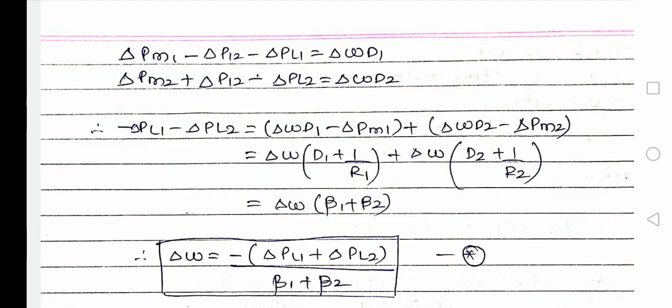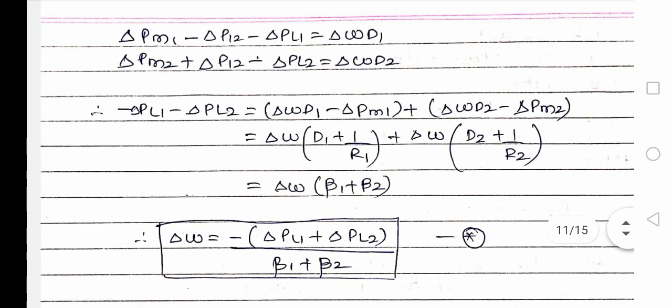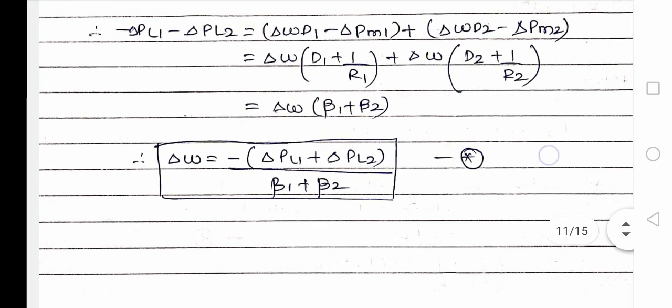So delta omega you take outside, so it will be D1 plus 1 divided by R1, and delta omega if you take outside from this, then it will be D2 plus 1 divided by R2. So it will be delta omega of beta 1 plus beta 2. What is beta 1 here? D1 plus 1 divided by R1 is beta 1, and beta 2 is D2 plus 1 divided by R2.